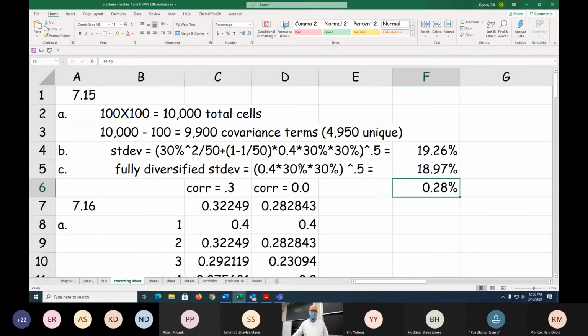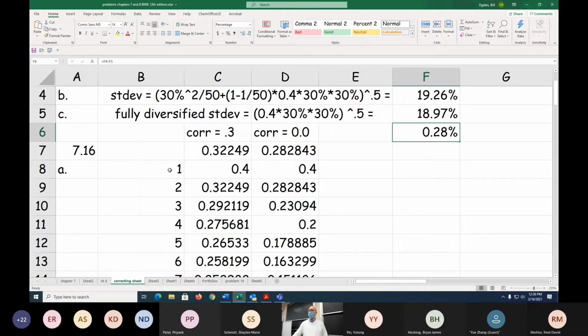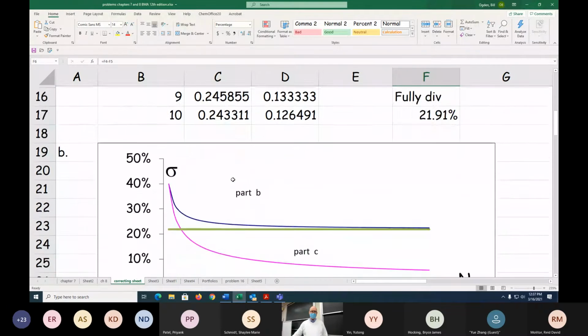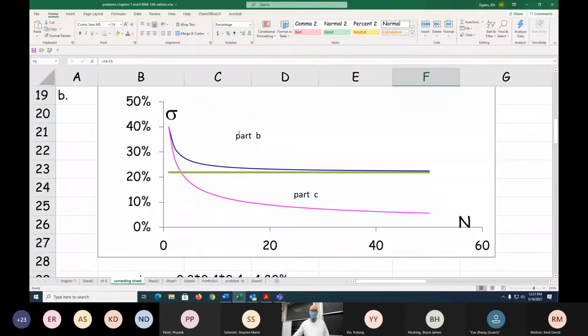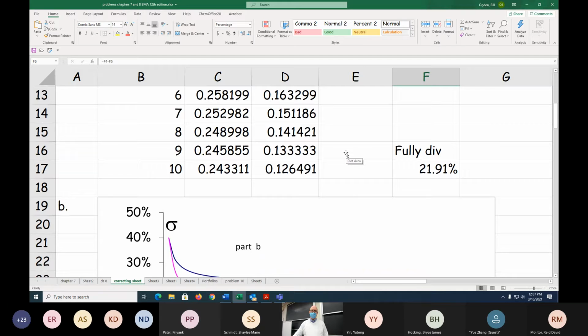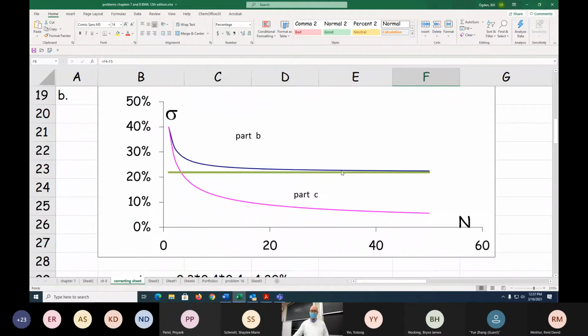Then the next problem, I think it said to go from 2 to 10. I went from 1 to 10, I don't know why. Go from 1 to 10, with a correlation first of 0.3, then we did it again for a correlation of 0. For part B, you have the standard deviation of the portfolio approaching that minimum, which is 21.91%, but not touching it.